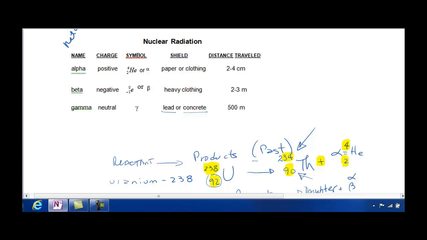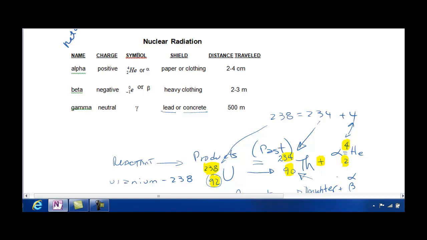It's like if you had the arrow as an equal sign, just like you did the 92. 92 minus 2 gave me 90. Well, 238 minus 4, I'm subtracting because it's at the other side of the arrow. All I'm saying is that 238 is equal to 234 plus 4. That's my 234, and that's my 4, and that's my 238. Just like 92 is 90 plus 2.